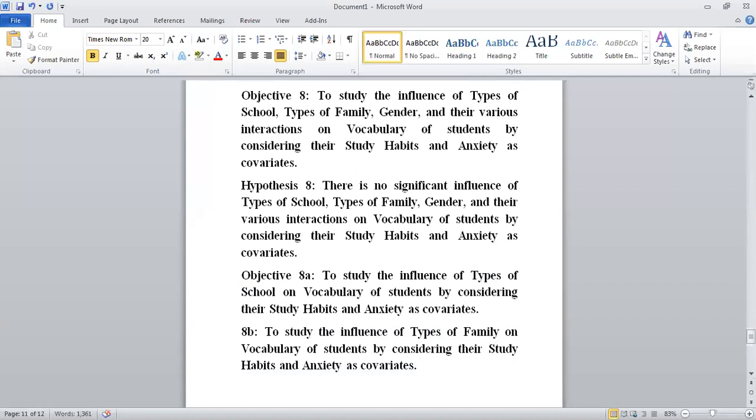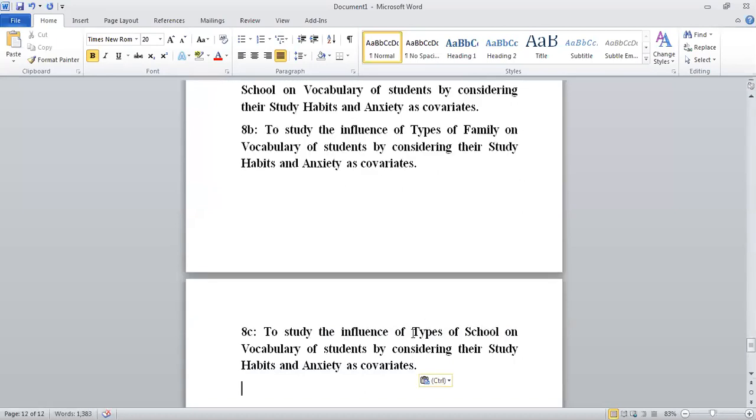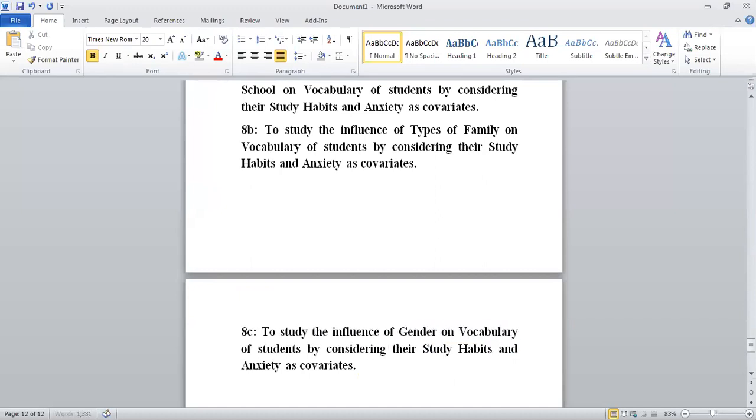Then 8C will be to study the influence of gender, because that is the third variable I have taken, gender, on vocabulary of students.